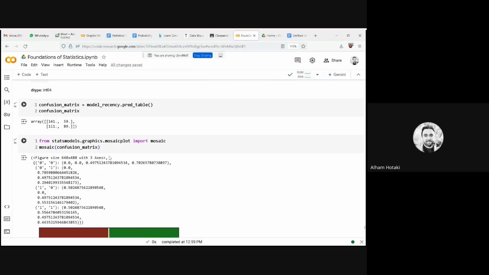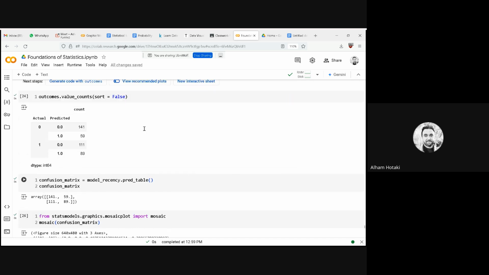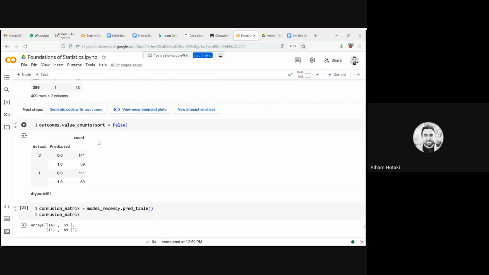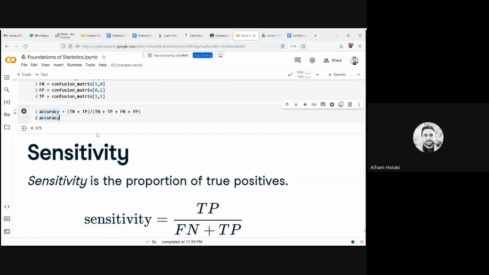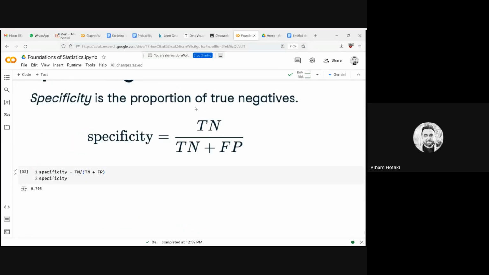But this is not just about the model accuracy. This is about the understanding of the confusion matrix, the accuracy of the models, the sensitivity of the models, and the specificity of the models. These are all terms that you have to understand, and you have to be very aware of how they work.